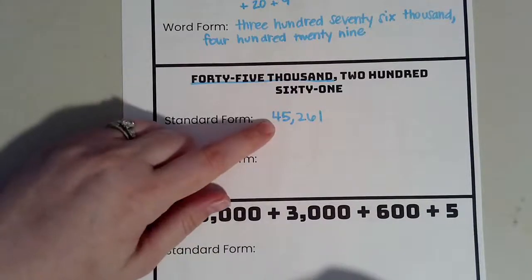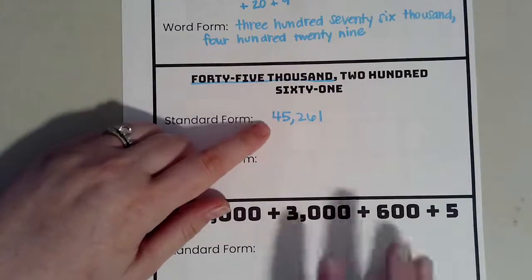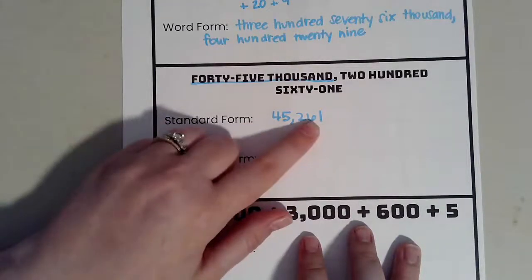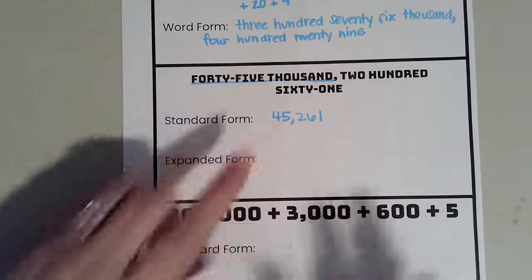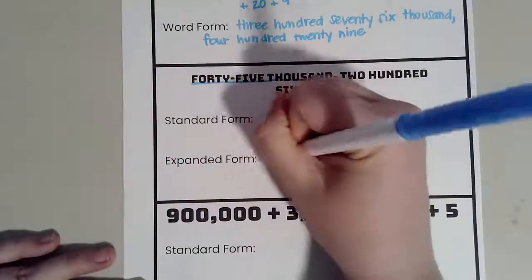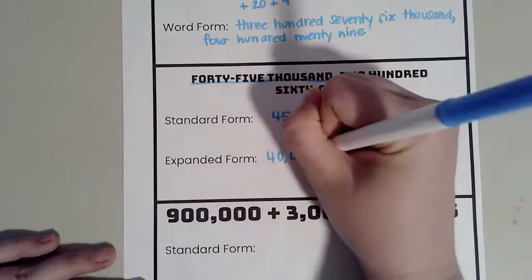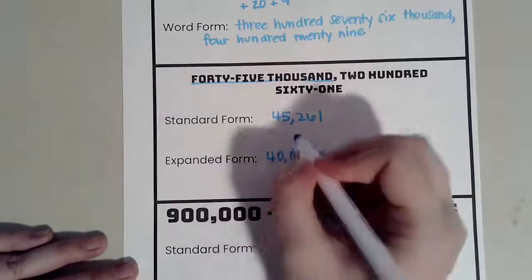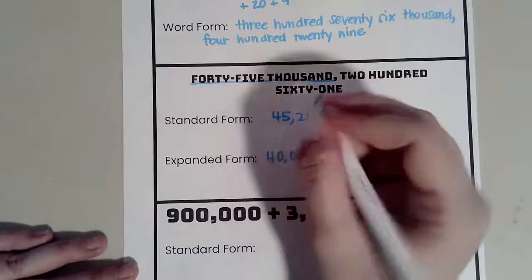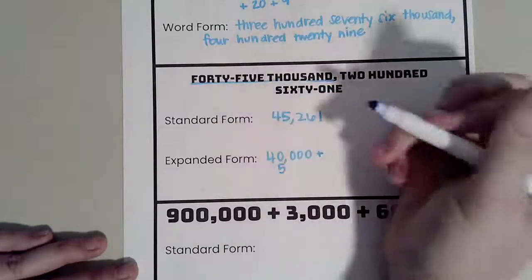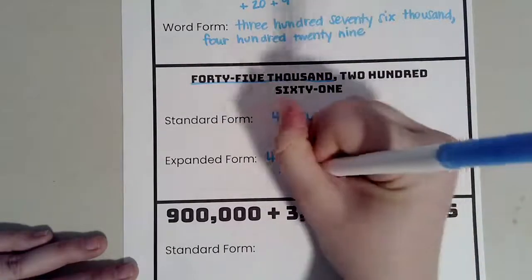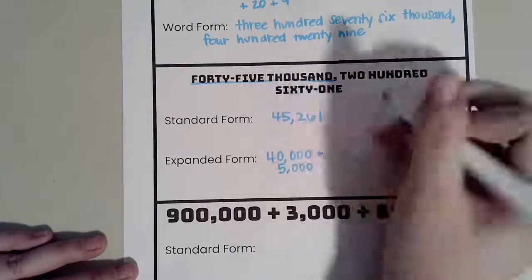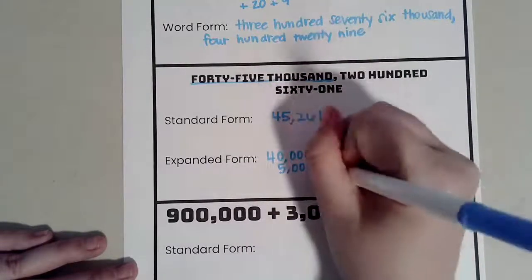Okay. All right, expanded form. So we're going to look for the value of each digit. So the place of this 4 is the 1, 10, 100, 1,000, 10,000s. So it is 40,000. I'll do my pyramid one this time. So 40,000 plus the 5. So we'll write the 5, and then we have 1, 2, 3 because it's in the thousands place.